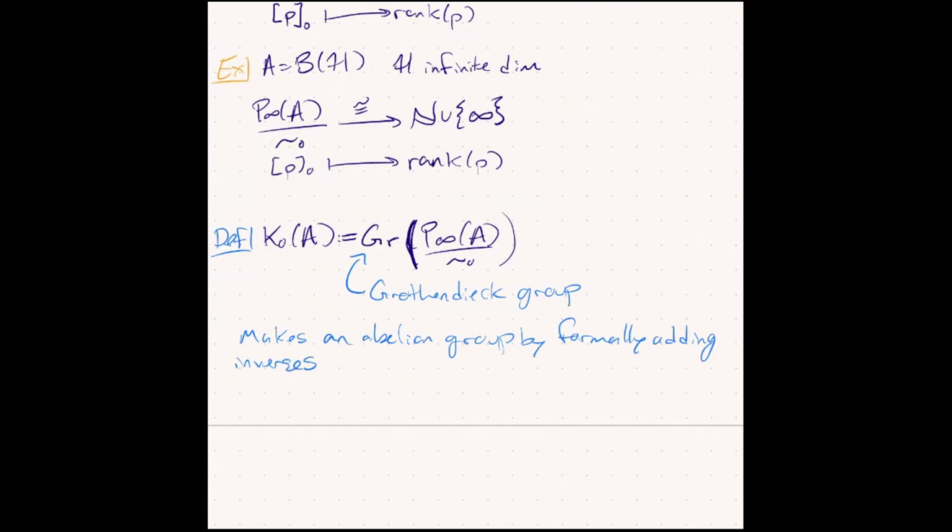The construction in general is kind of technical and maybe not super enlightening, but the way you can think about it is that this is similar to how you would make the integers from the naturals.